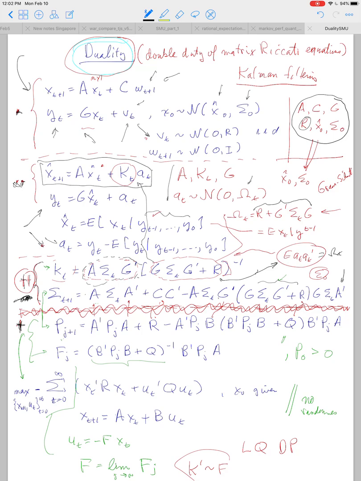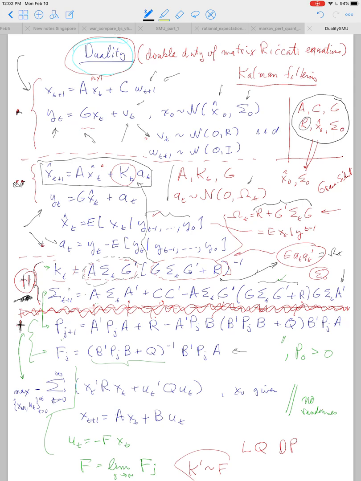So if you look at this equation down here for F, it kind of reminds us of the equation for K, but it's kind of flipped around. And indeed, to see how it might be flipped, do the following.